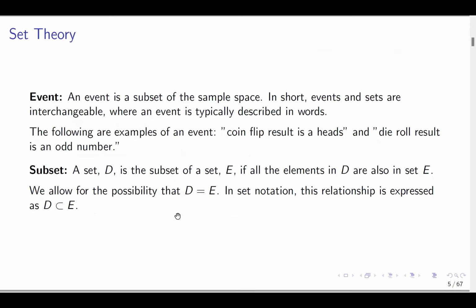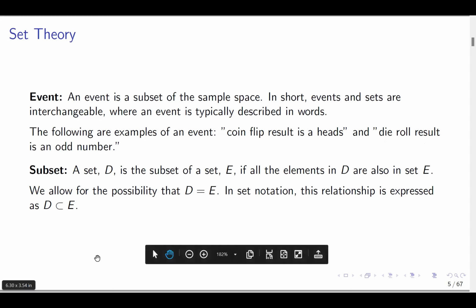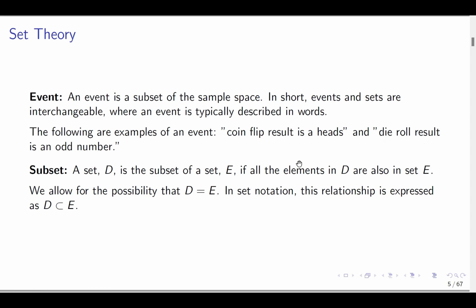What is an event? An event is a subset of the sample space. So events and sets are quite interchangeable, right? So back to the example of tossing a fair die. If I tell you that you roll a fair die and it results in an odd number, the event of rolling a fair die and it resulting in an odd number, if you're supposed to list out the elements of such an event, you will get 1, 3, and 5.